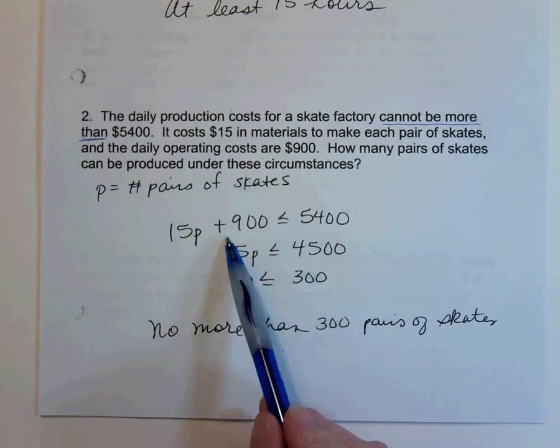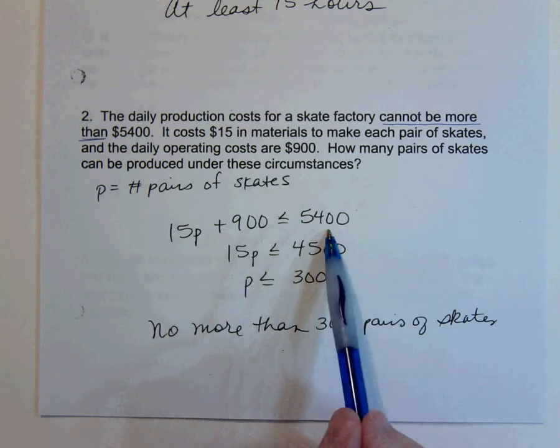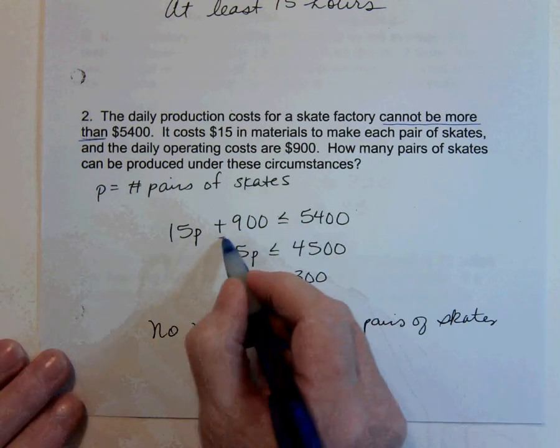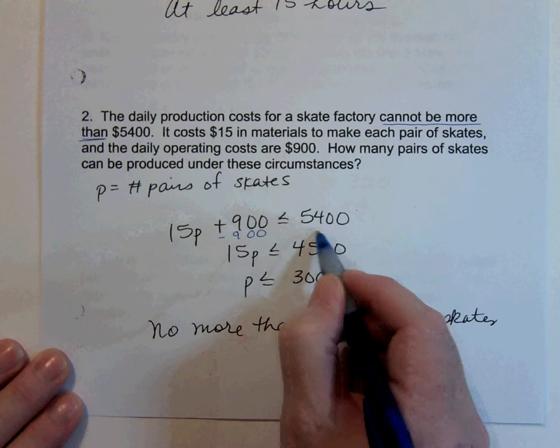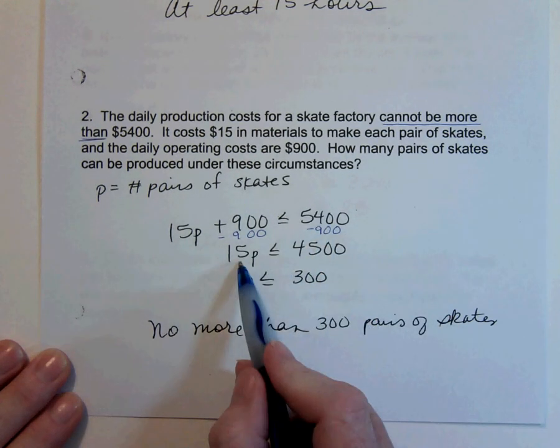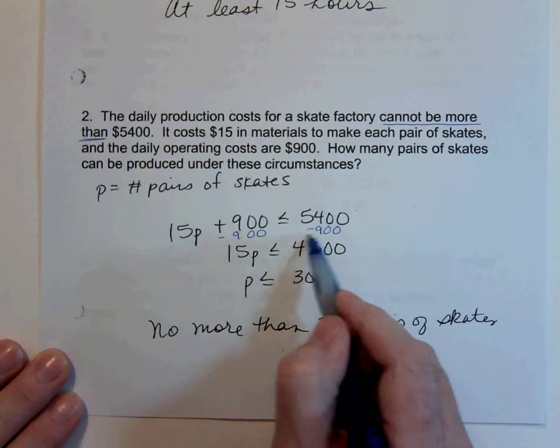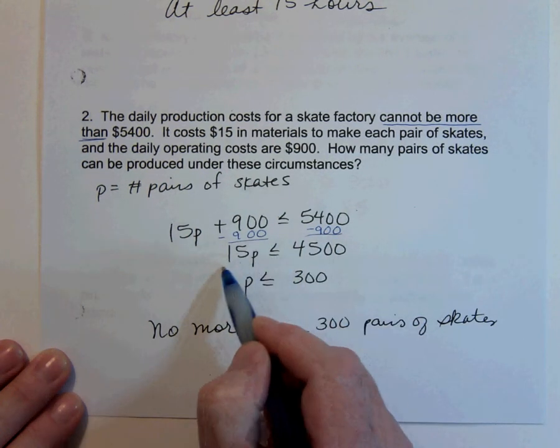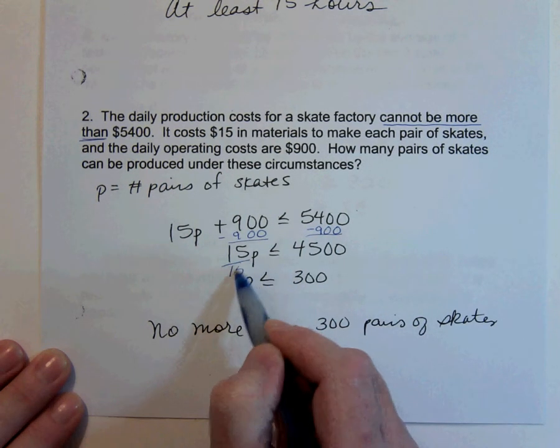The first thing to be done is subtract 900 from both sides. Again, steps were skipped in showing the work here. And then the last thing after you subtracted 900 from both sides is to divide by 15.